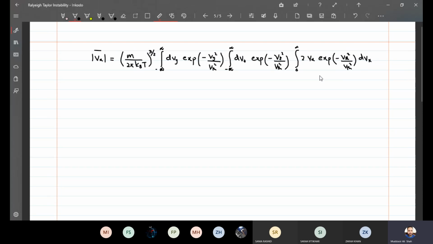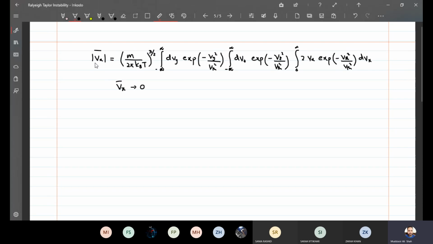Now something I will tell you: if you take Vx average, that is going to be 0. But we are taking the average value of the modulus.